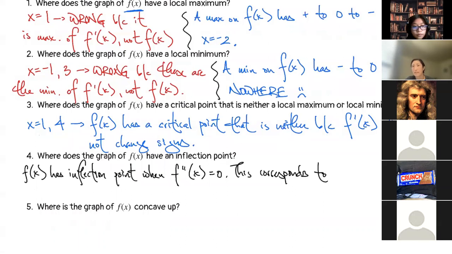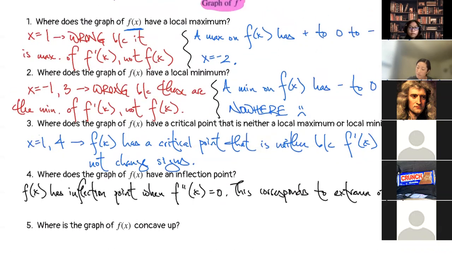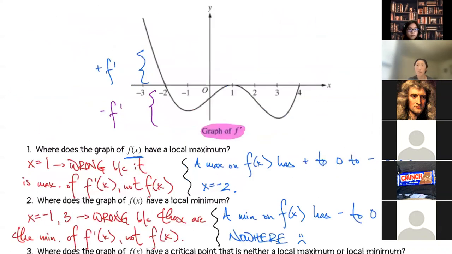Okay, that's exactly right. This corresponds to the extrema of f prime. Okay, and so if we go back up to our graph and we say, where are there maxima and minima? We can see 3 of them at x equals -1, x equals 1, and x equals 3.